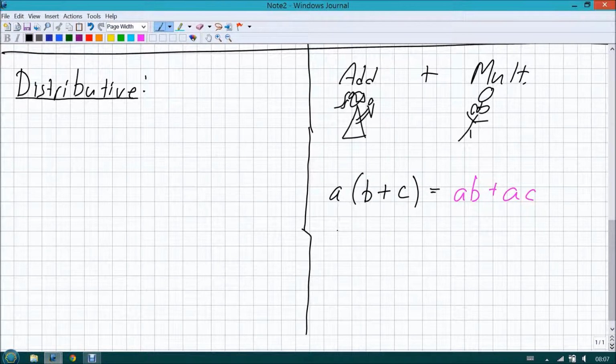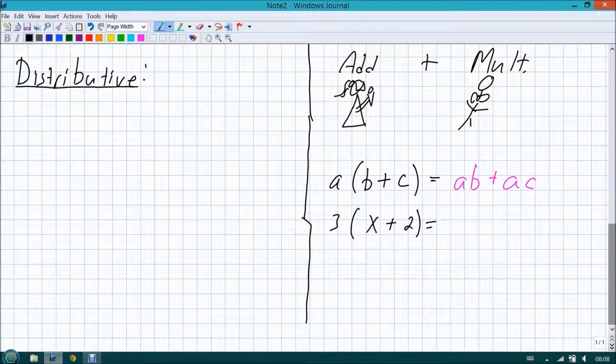Let's look at 3 times x plus 2. And again, this is a complicated situation because we have a variable. We don't know what the value of x is. It could be anything. It could be 2, it could be pi, it could be e, we don't know. So when we're working with these, we would have to use the distributive property to possibly be able to solve for x.